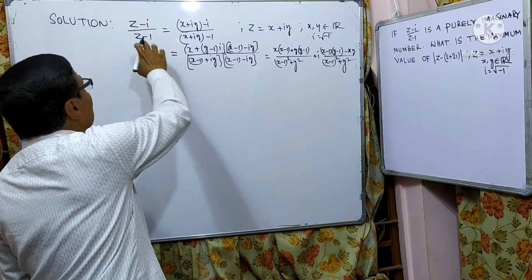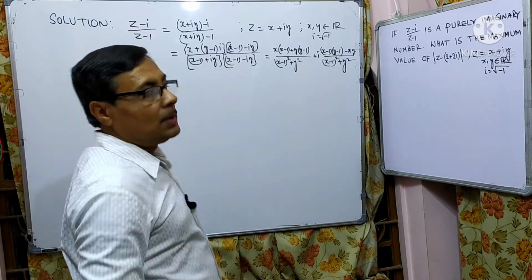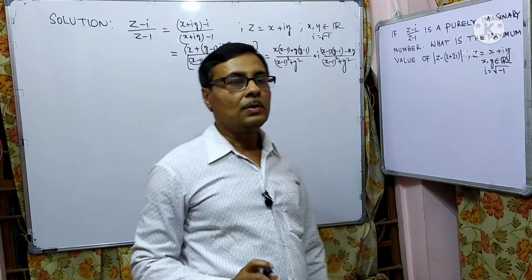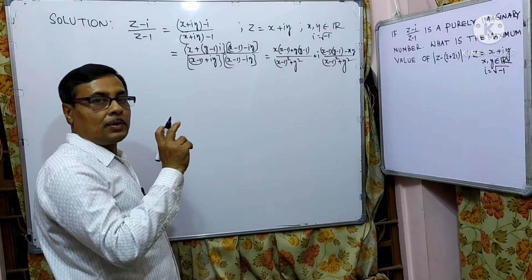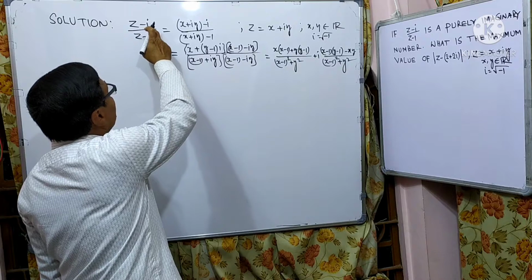Now here we are given that (z minus i) over (z minus 1) is a purely imaginary number.